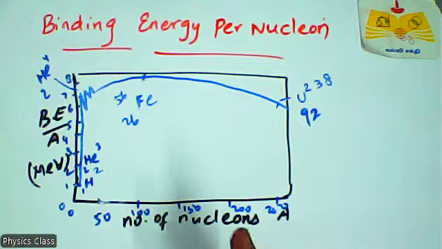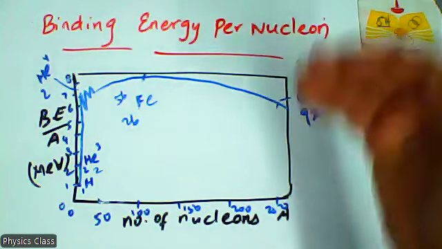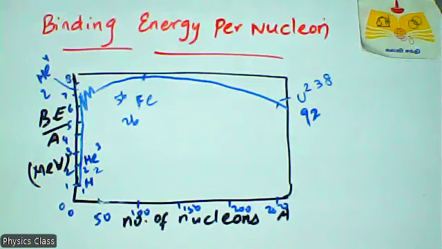The binding energy per nucleon varies with mass number, peaking at iron and decreasing for lighter and heavier nuclei. This variation is the key to understanding nuclear stability, energy production, and the processes that power the stars and nuclear reactors.